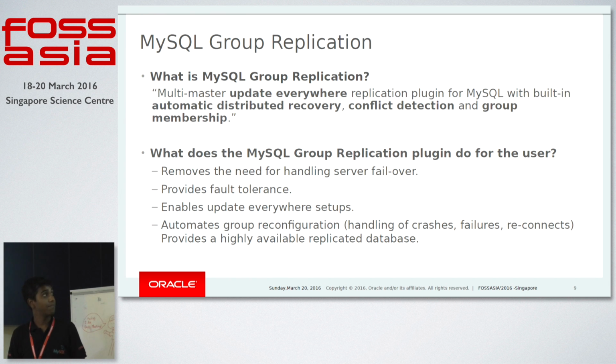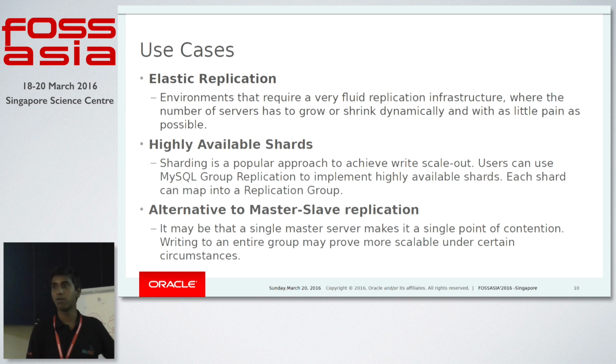We provide update everywhere setups, wherein if there are 5 nodes connected and you execute a transaction on one of the nodes, we are sure that the data will be there on all the other nodes simultaneously. And we provide automatic group reconfiguration. We can add and remove members in the group seamlessly by running very simple commands, of which I'll talk about later in the slides. So what are the use cases that we are trying to address?